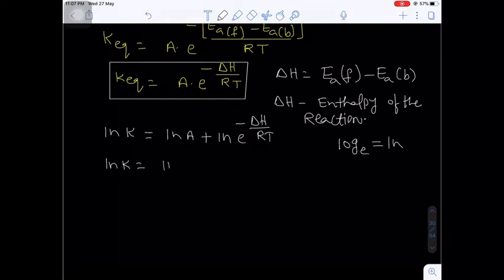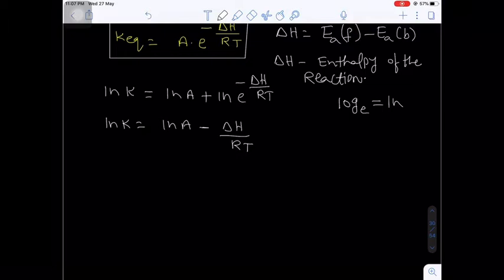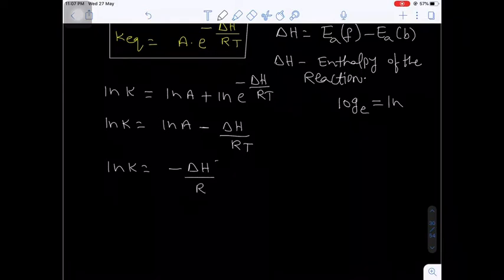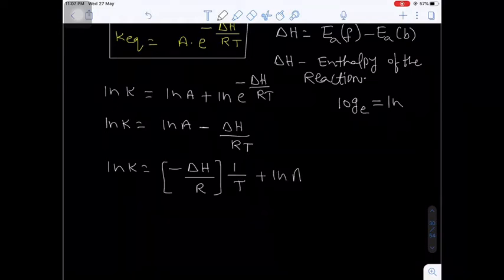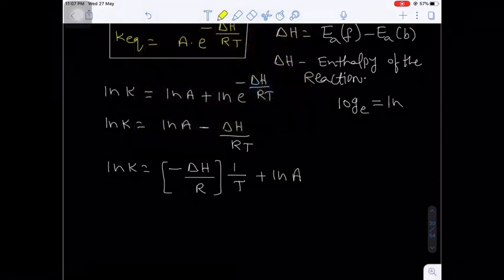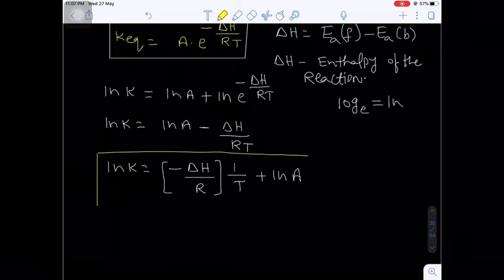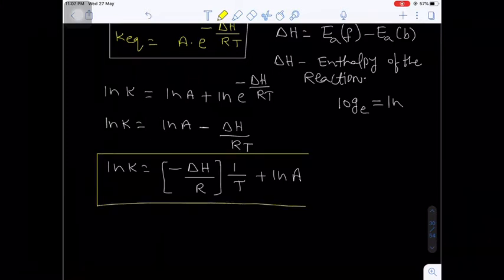Are you getting my point? Now, ln K is equal to ln A minus delta H upon RT. So I am writing ln K is equal to minus delta H whole divided by R into 1 by T plus ln A. So this is a very useful expression.